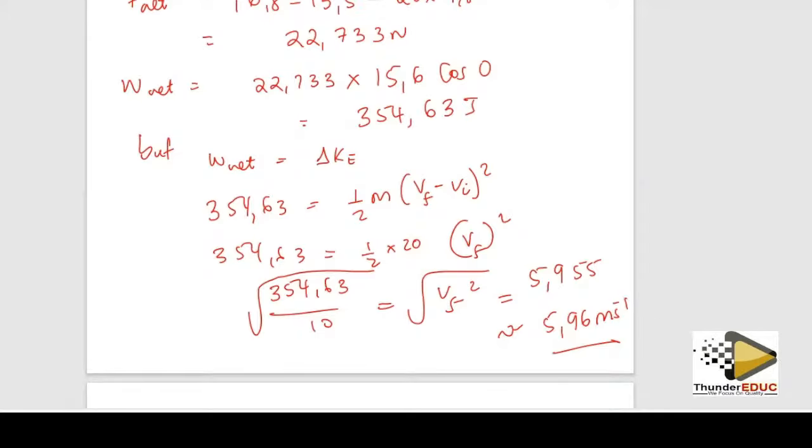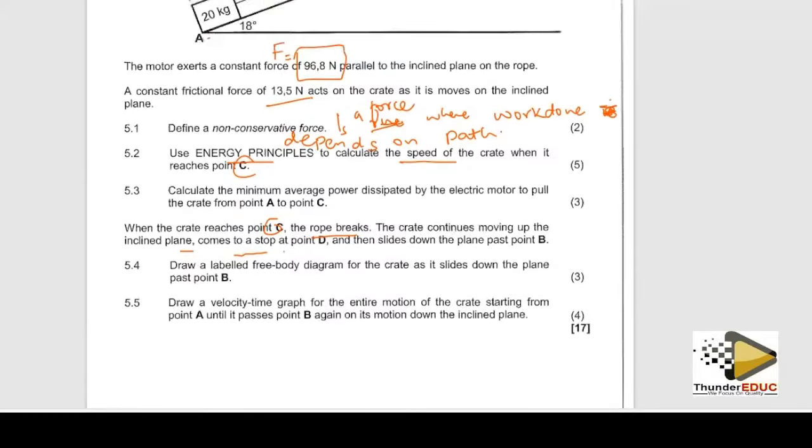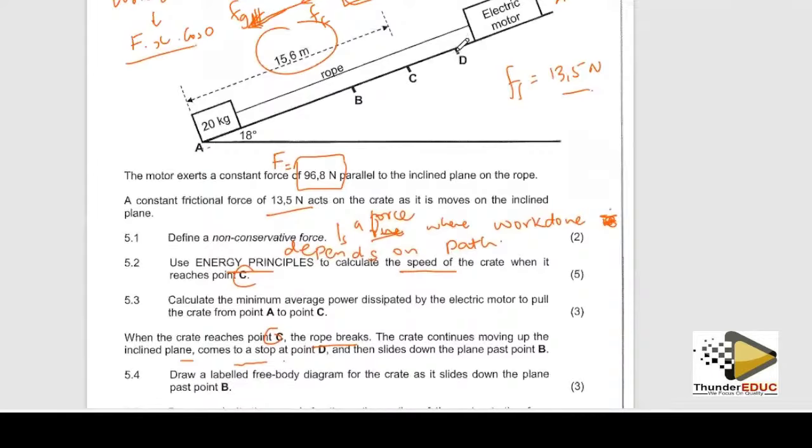5.96 meters per second. Okay, so guys, that's what we have. Then we look at the next question. They're telling us that when the crate reaches point C, the rope breaks. The crate continues moving up the inclined plane, and then it comes to a stop at point D. So at point D, the crate has stopped moving.